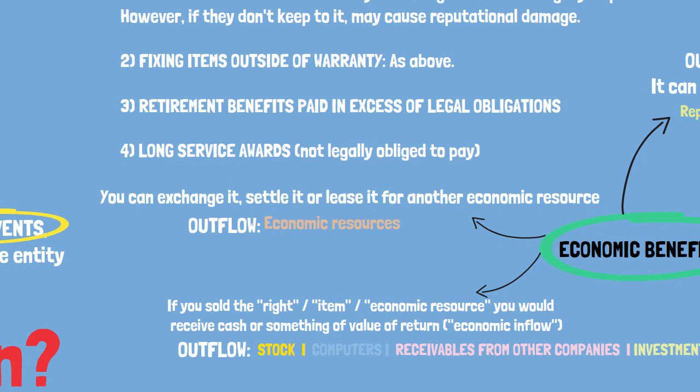You could be settling it for payables, therefore that obligation is being settled. Yeah? So you're giving over cash to settle an obligation. Or you could lease out, you're getting money and you're giving up the lease of a building or of another economic resource.